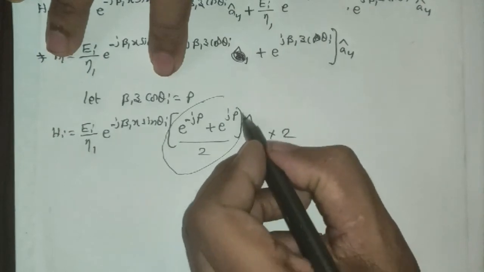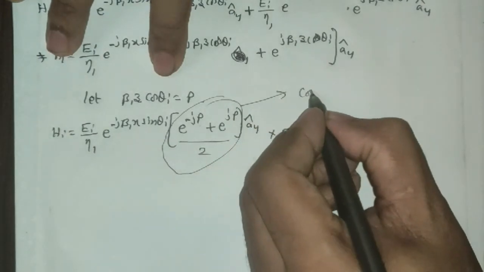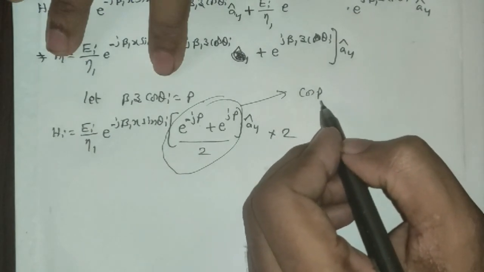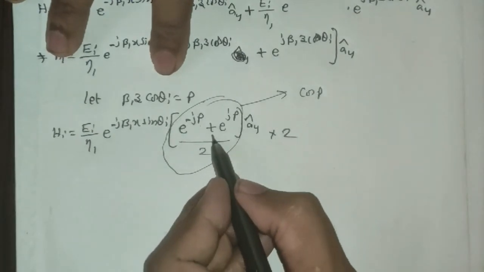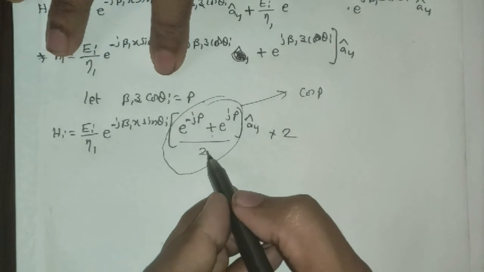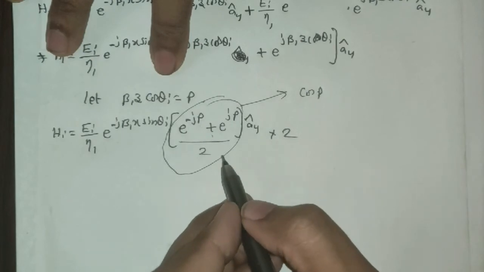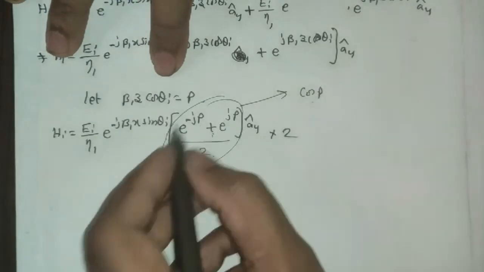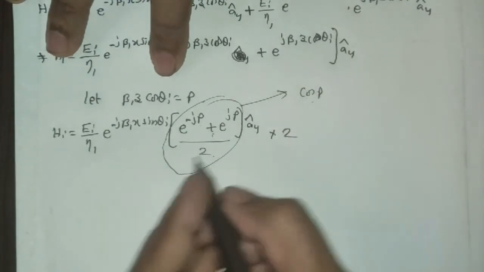Then this term can be taken as cos p. If it were sin p, the plus should be minus, and in place of 2 it should be 2j, but here we have plus and 2, so it should be cos p. Now replace this entire term by cos p.